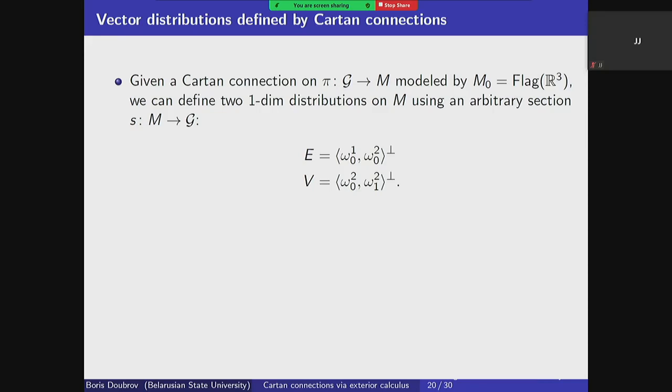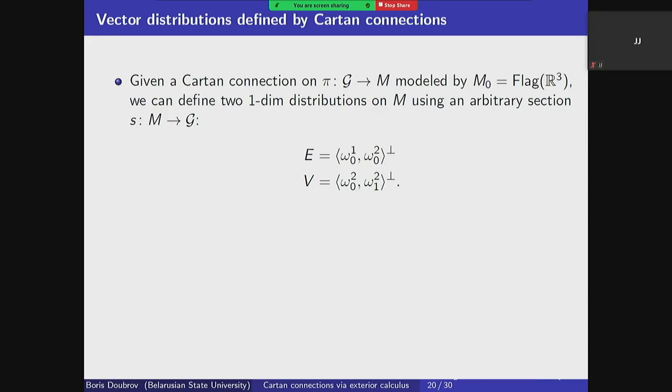Therefore, if you take the direction defined as the annihilator of these two forms, it does not depend on the choice of gauge transformation. So it's a well-defined object on the base manifold. And again, I repeat that whenever we define some objects on our base manifold using some section, we have to ensure that it doesn't depend on the section, which means that if you apply a gauge transformation, it will be the same object. It's as if you are doing some linear algebra and ensuring that what we do does not depend on the choice of coordinates.